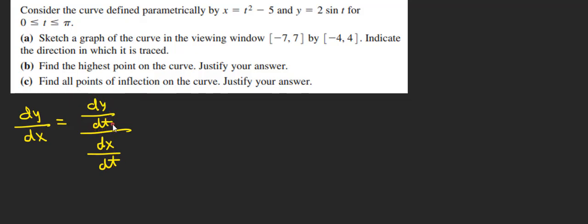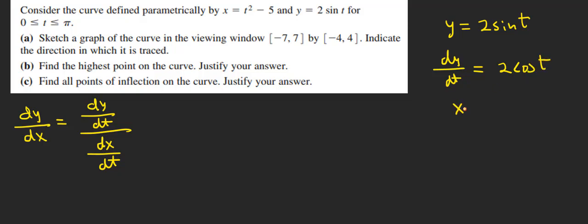So we need to find dy over dt and dx over dt. Since y is equal to 2 sine t, dy over dt will be 2 cosine of t. And since x equals t squared minus 5, dx over dt will be 2t.